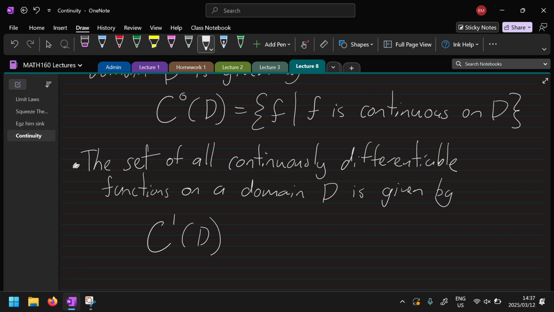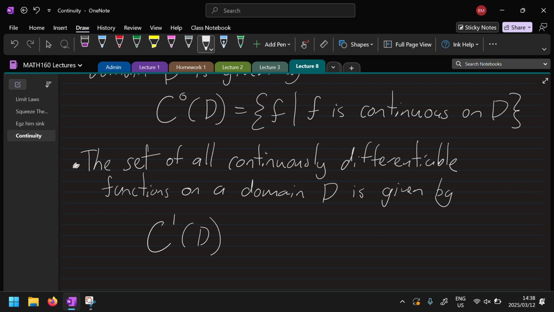It means if you give me some function and I do the derivative of the function, we get some result. That result is, again, continuous. So given a function f, if it remains continuous after doing the derivative, then it belongs to C1.